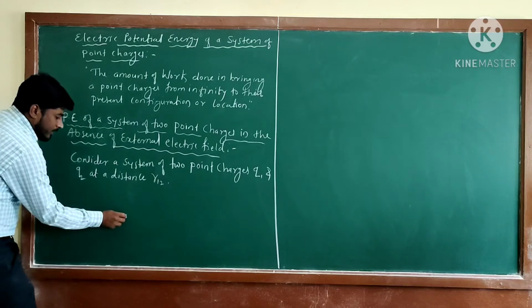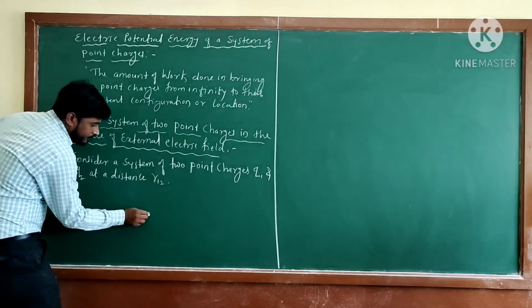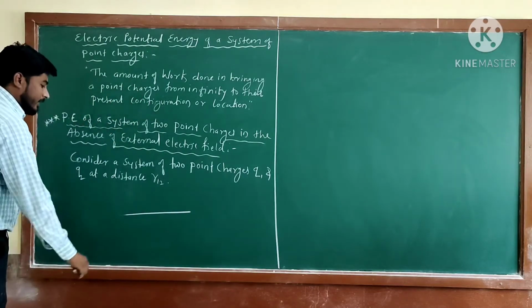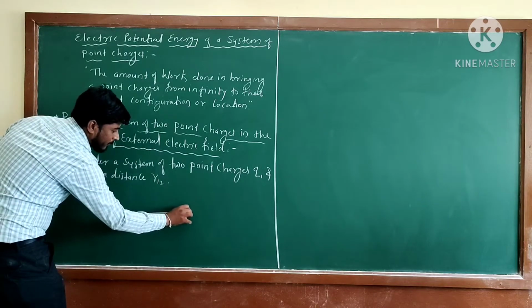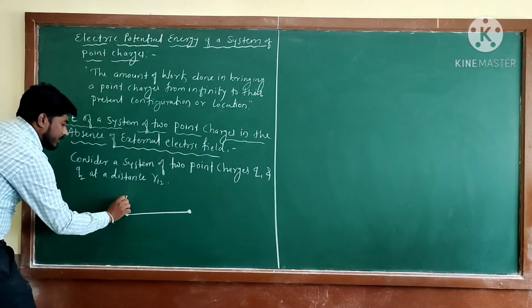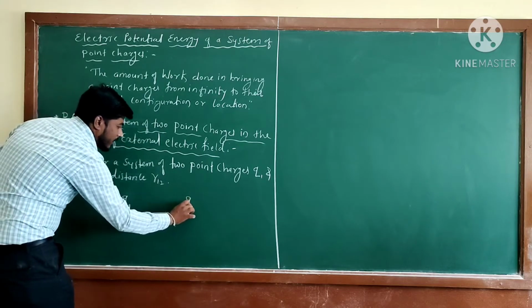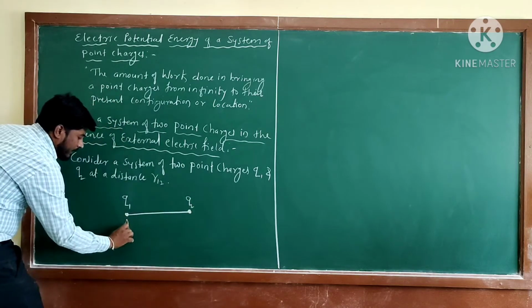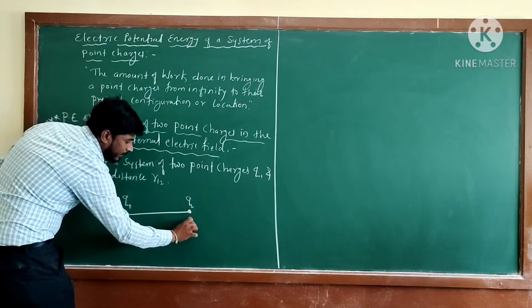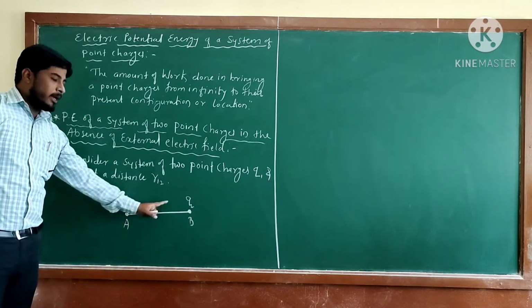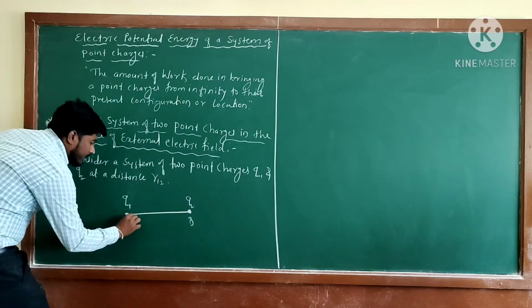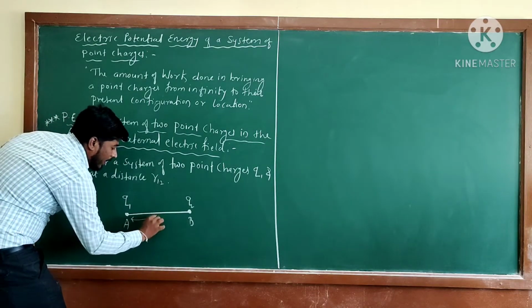So here there are two charges, Q1 and Q2, placed at the respective points A and B, and the separation between these two is R12.